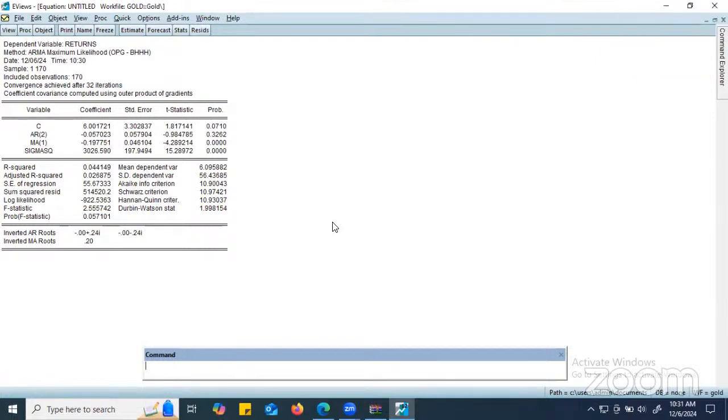Now, the third one. Can you go for 212? AR2, MA2. Estimate.